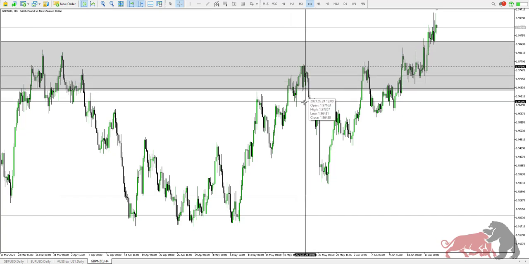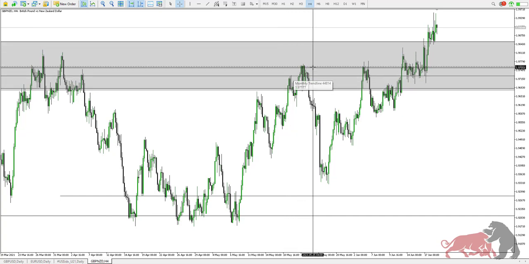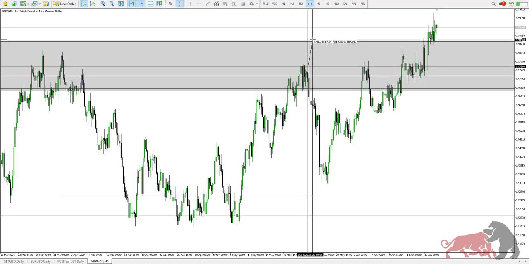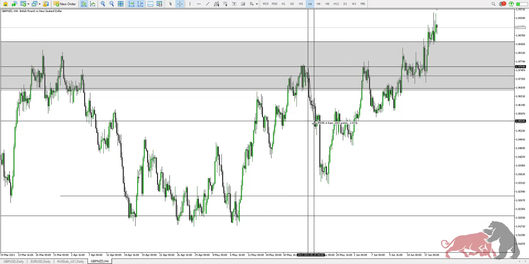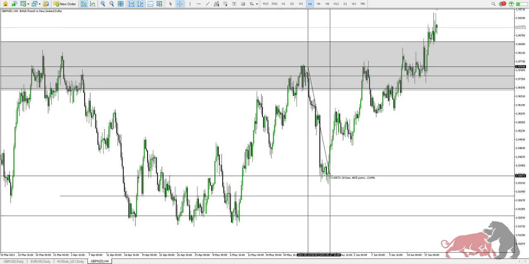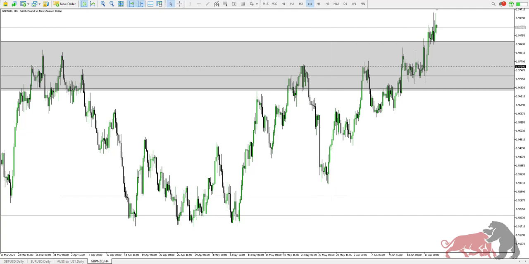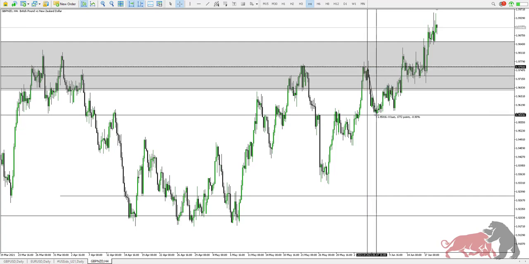Remember, this is our bearish order block, this is our supply zone. Your risk would have only been 100 pips for a return of close to 400 pips. That's a 1:4 return.